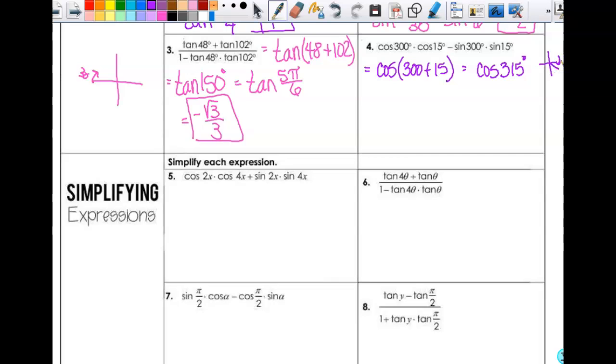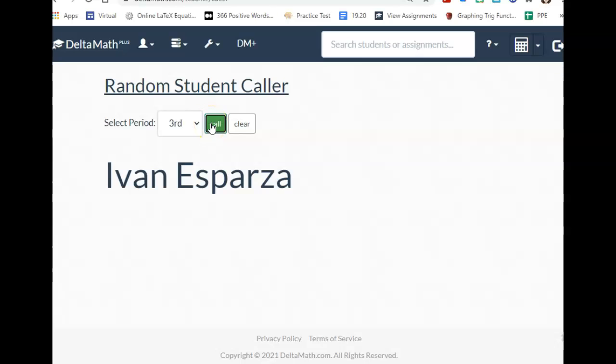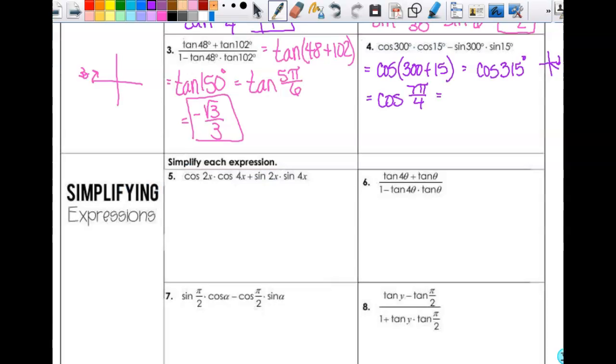So what's 45 degrees in radians? It's pi over 4, right? So 45 is just pi over 4. And if I get all the way over here to 2 pi, that's 8 pi over 4. I back up 1, and it is 7 pi over 4. So this gives me cosine of 7 pi over 4. That's a value we should know pretty quickly. All right, so Ivan, what is the cosine of 7 pi over 4?